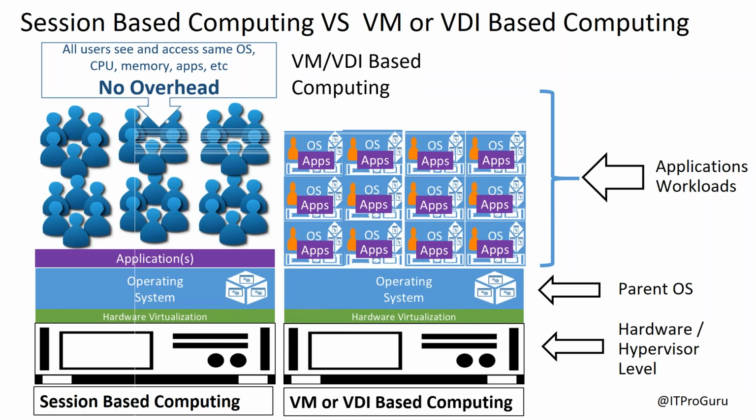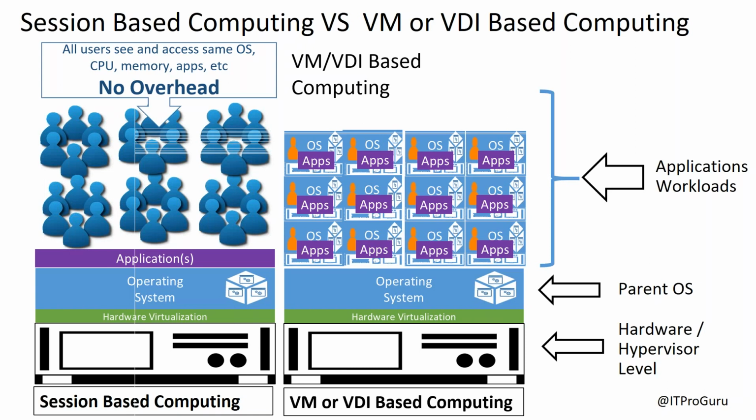Whereas when we look at it from a VM or VDI-based standpoint, you have the same stuff: hardware virtualization and the operating system, but then you have a split, because you have another operating system inside of a virtual machine, and that operating system has its own apps, and then the users are connected to those applications inside that isolation container.